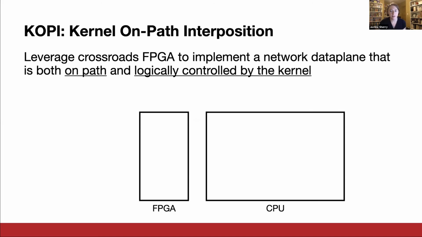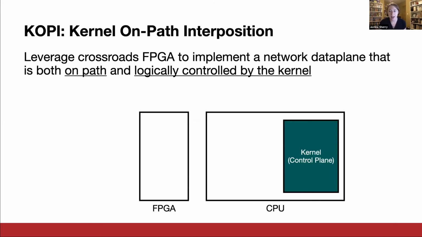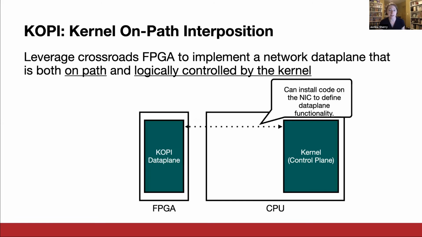We're going to have a server that has an FPGA and a CPU, and the kernel has the control plane, and it can install code on the NIC to define the data plane functionality. I like to think of this very much like when I install my operating system today, it asks me what kind of file system I would like to lay out on the disk.